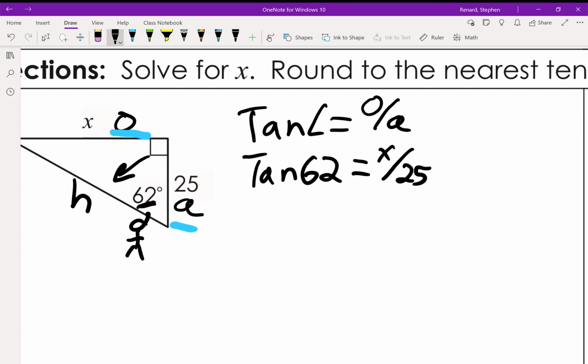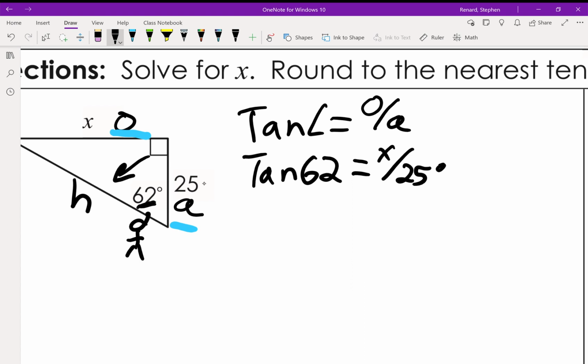And the relationship between the side opposite the 62 angle and the side next to the 62 angle is constant. We're calling that the tangent of 62. So we're just using fancy words to describe the theory and application of similarity that we already know.